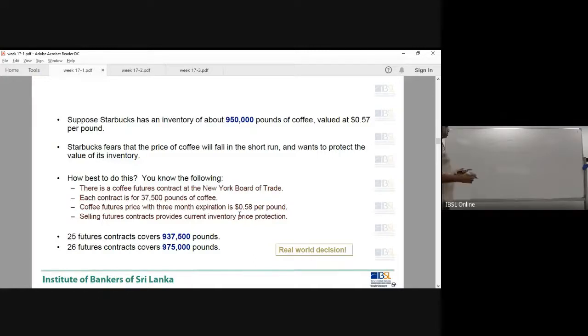Short futures, 25 contracts, net negative, 37,500 each, at 58 cents. The ink is not that great.